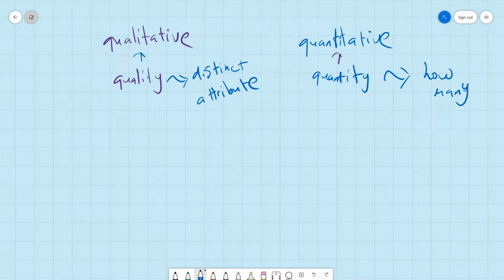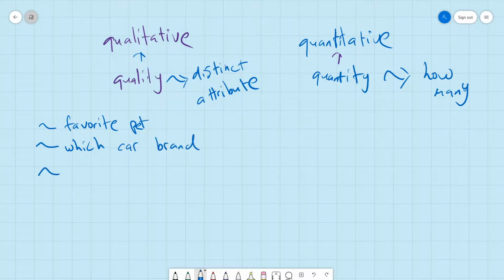So really the main thing you want to draw out of this is that a qualitative word is going to be like your favorite pet, or which car brand, or you could say your school. Which school do you go to?